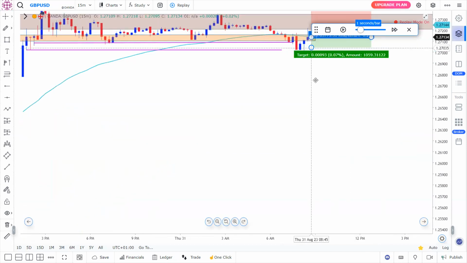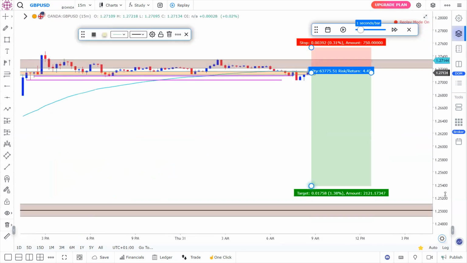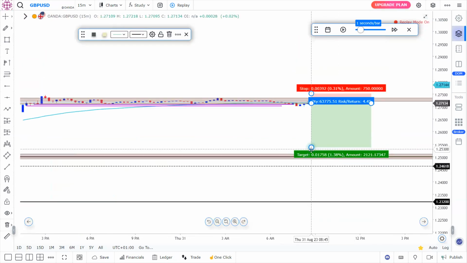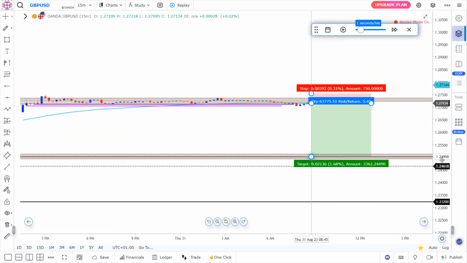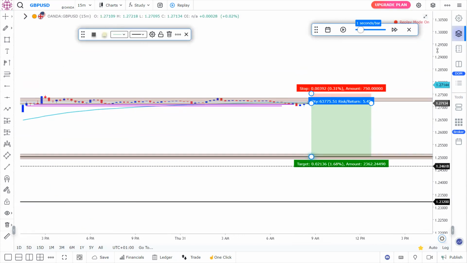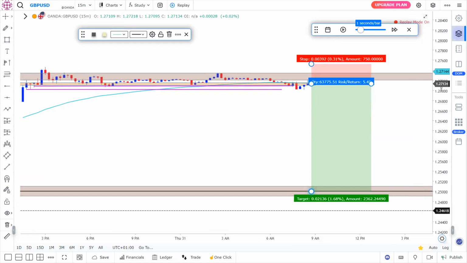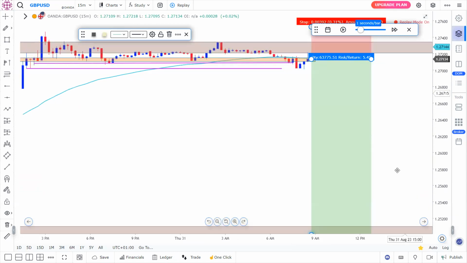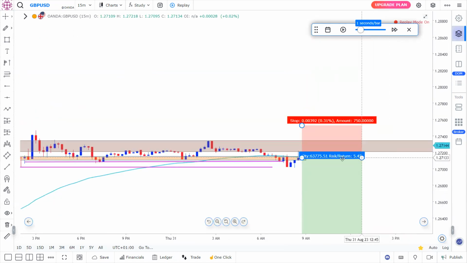And then with the take profit targets at the 1.25,000 psychological round number level.